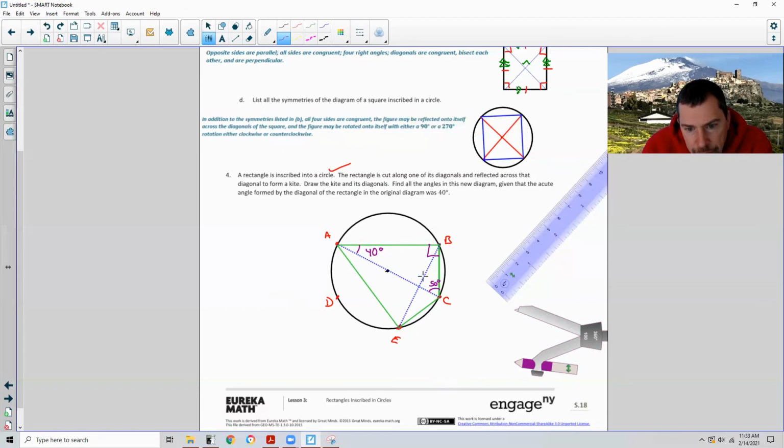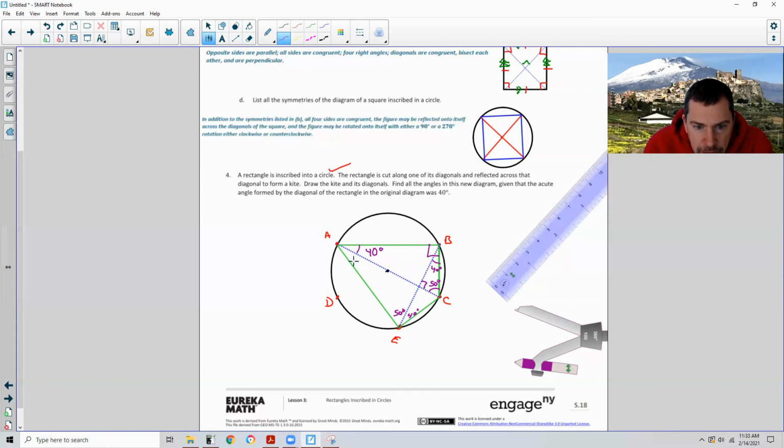Okay, and then we have a right triangle here, so this is 90. So this angle here would be 40 because of the triangle sum theorem. And this angle here would be 40 degrees, and this angle here would be 50 degrees. So our angle here is also 90 degrees because it is a reflection of a rectangle, and that was 90.